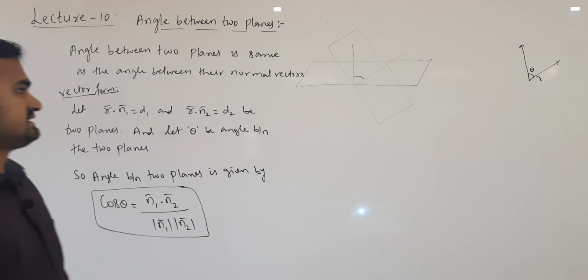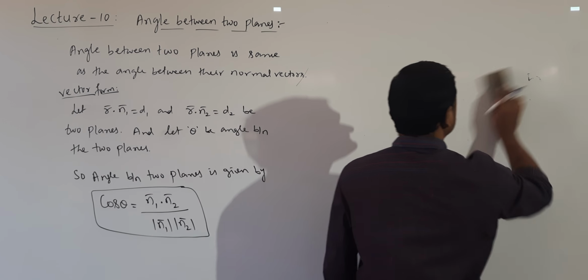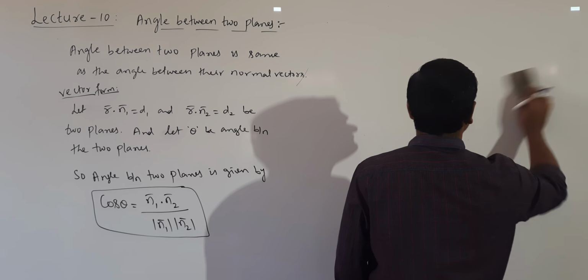Now in Cartesian form, how can you write the angle between the two planes? We will take the plane equations also in Cartesian form.